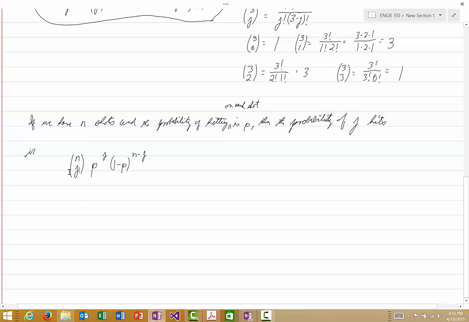What does that represent? Well, there are many different ways in which we could hit 27 times out of 100. We could hit on shot number 1, shot number 2, all the way up to shot number 27, and then miss the next 73. Or we could hit on shots 1 through 26, miss on 27, and hit on 28.